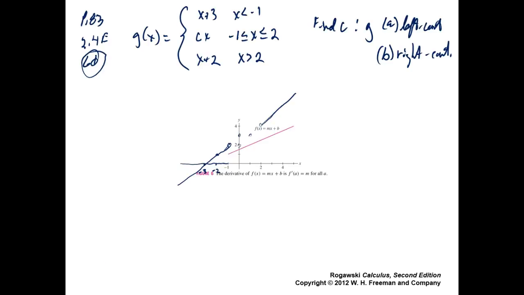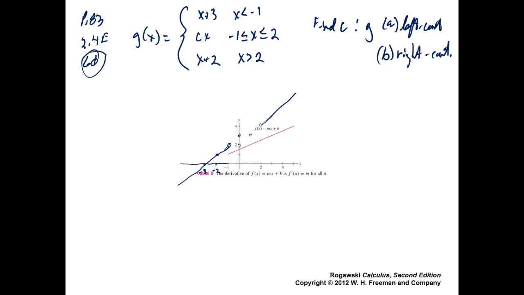All right. We're doing a problem from section 2.4, page 83, number 60. And what we've done is drawn the graph of g of x when x is less than -1 and greater than +2.